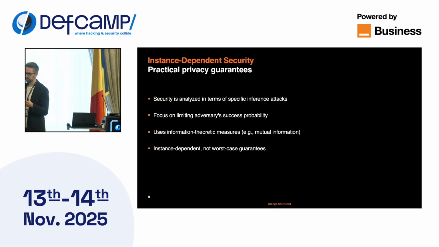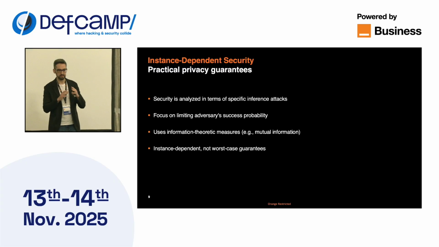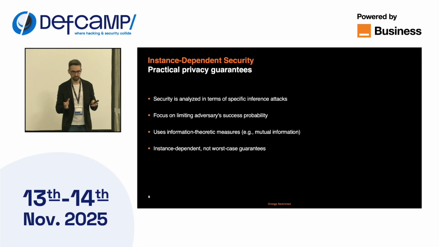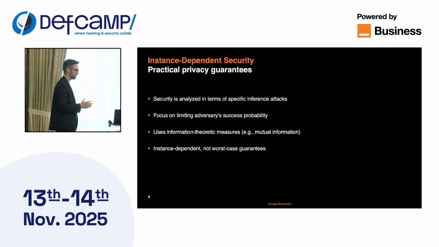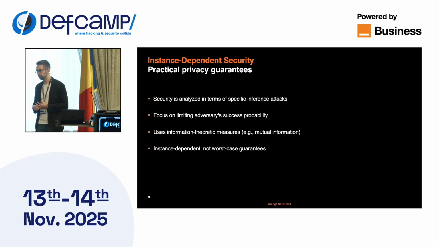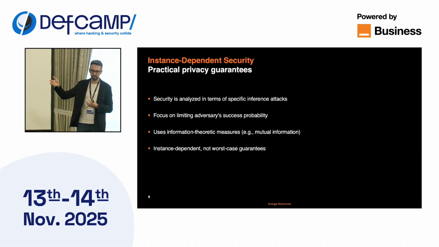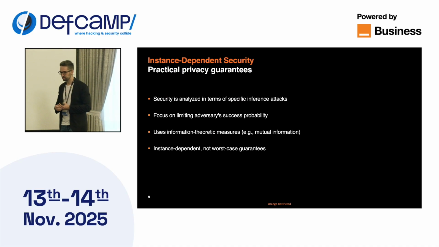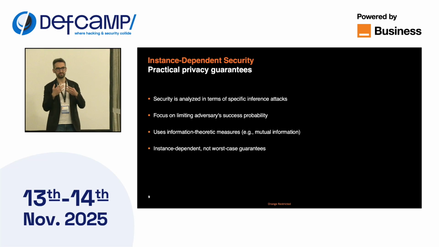So, like I said, right now we don't have formal security definitions for learnable obfuscation methods, but we have some sort of definitions, and those are usually based on information-theoretic measures, or on methods that guarantee partial goals.